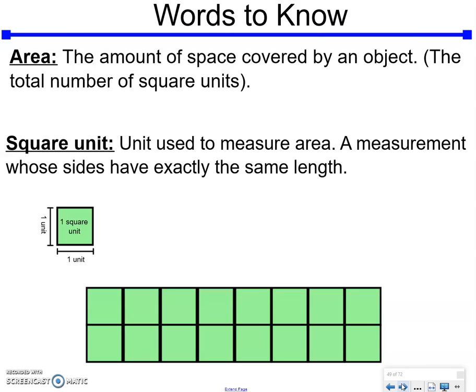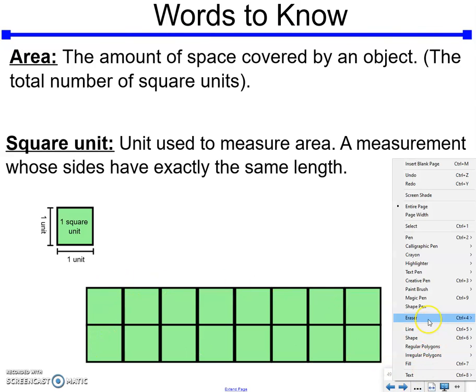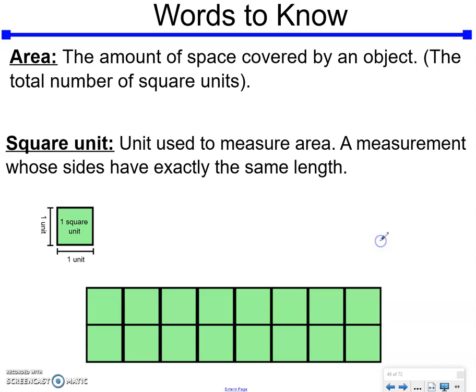Well, first of all, we know that area is the amount of space covered by an object, and that area is measured in square units, which is a measurement whose sides have exactly the same length. This is an example of a square unit here. It's 1 unit long and 1 unit wide. It's 1 square unit, and we could use it to find how much space something covers. You can see that this rectangle is covering a certain amount of space. Let's count the square units to determine how much space this rectangle is covering, or what the area of the rectangle is.